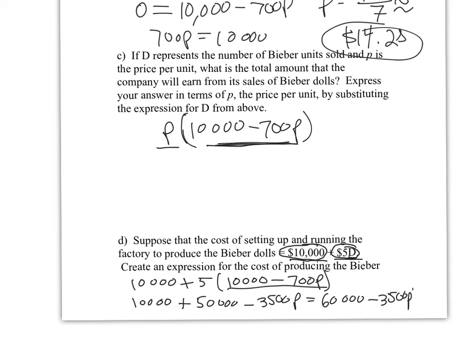As the price goes up, the number of units that we sell goes down, so the total cost of producing that number of units also goes down, which is how we end up with this expression.